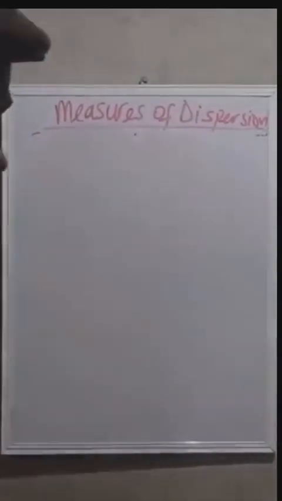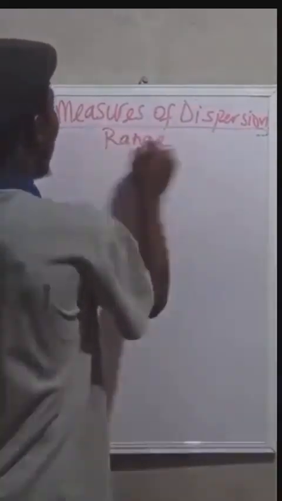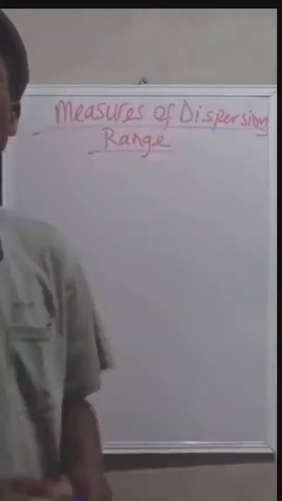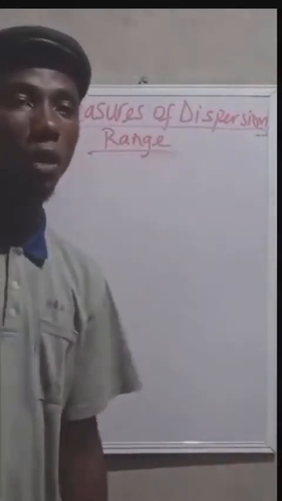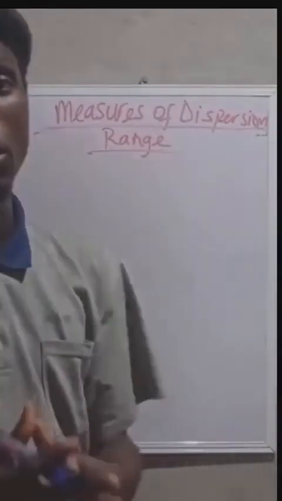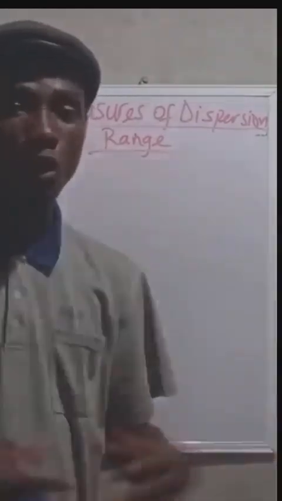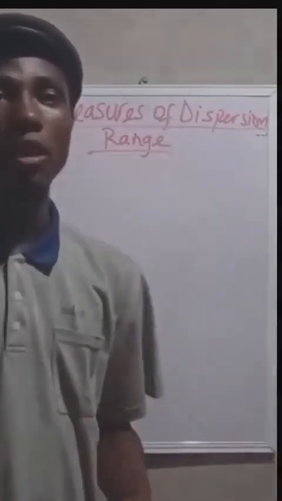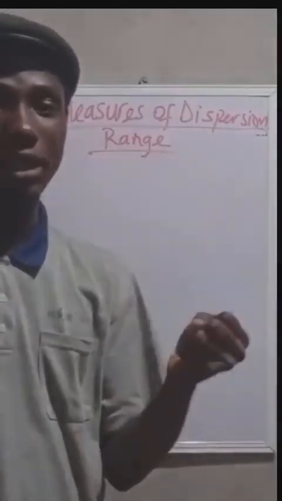What do we mean by range? In statistics, we have what we call a set of data. When an experiment is done, a set of values or numbers is collected.